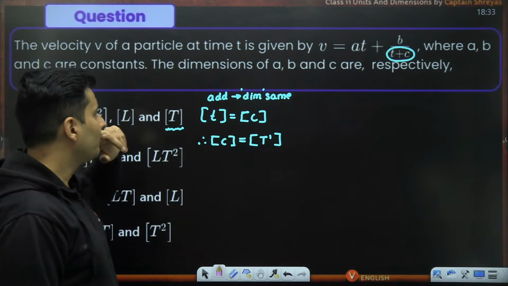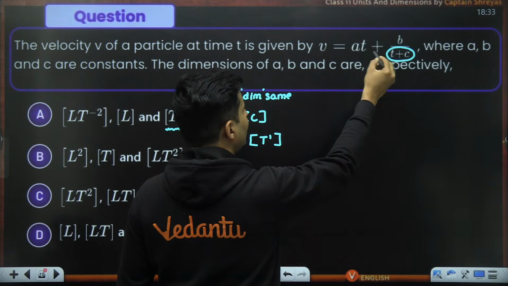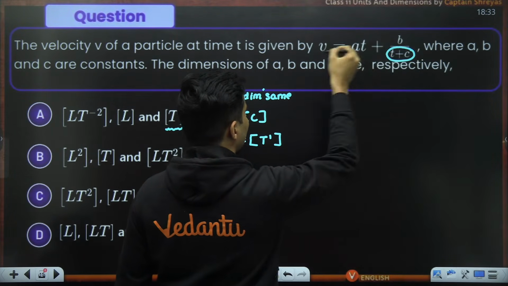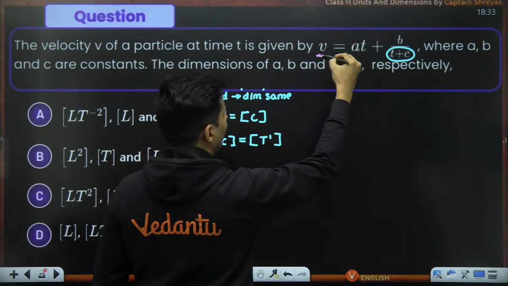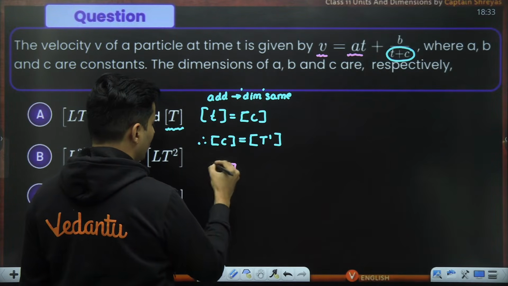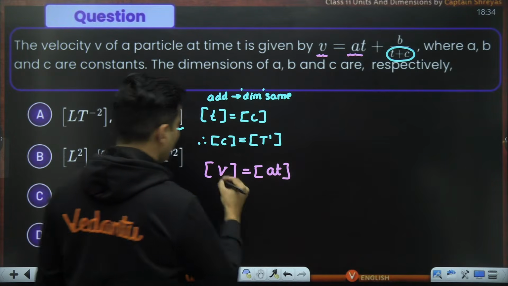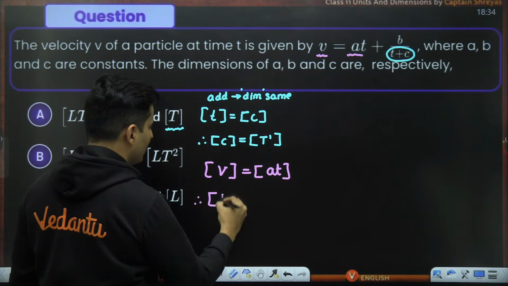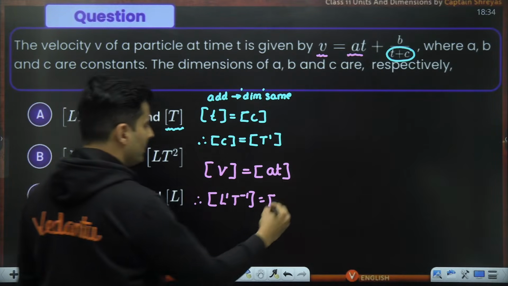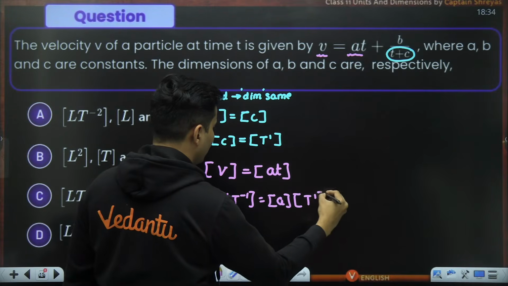Okay. All right. Next, over here, V and AT should have the same dimensions. So if you see this quantity and this quantity, the dimension of velocity should be the same as the dimension of A into T. Velocity has a dimension of length per unit time. This is A, which I do not know right now, and this is T. T will be nothing but T raised to 1.